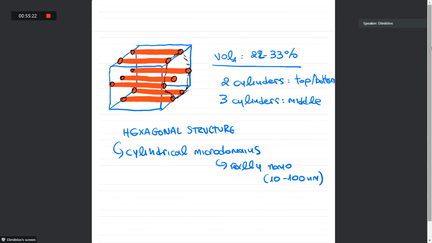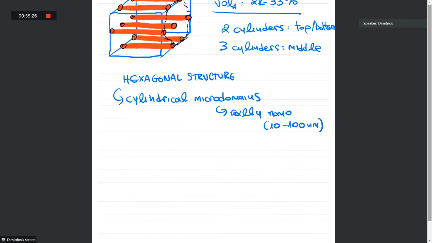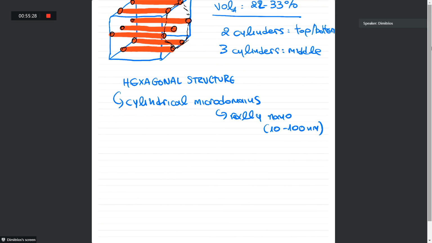Okay, so if we increase even more the volume of the A monomer, what do we get if we go from 34, let's say, to 37%?